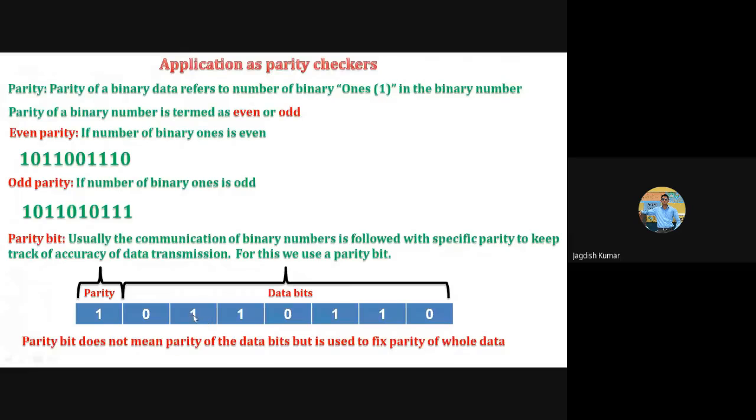So now what is the number of ones here? 1, 2, 3, 4. So the total number of ones is 4. But still our parity bit is 1. So that doesn't mean that this bit tells you the parity of this number. No. But how is this parity bit fixed? That's where the idea is.